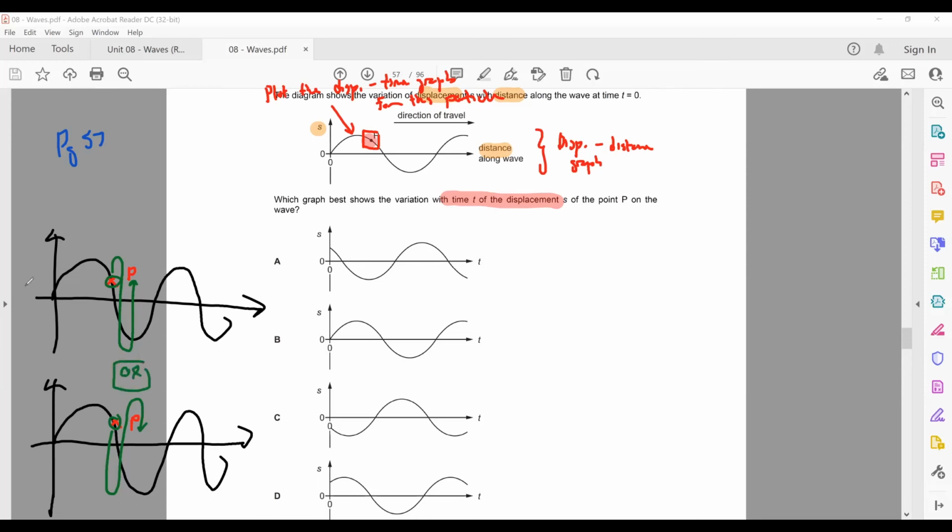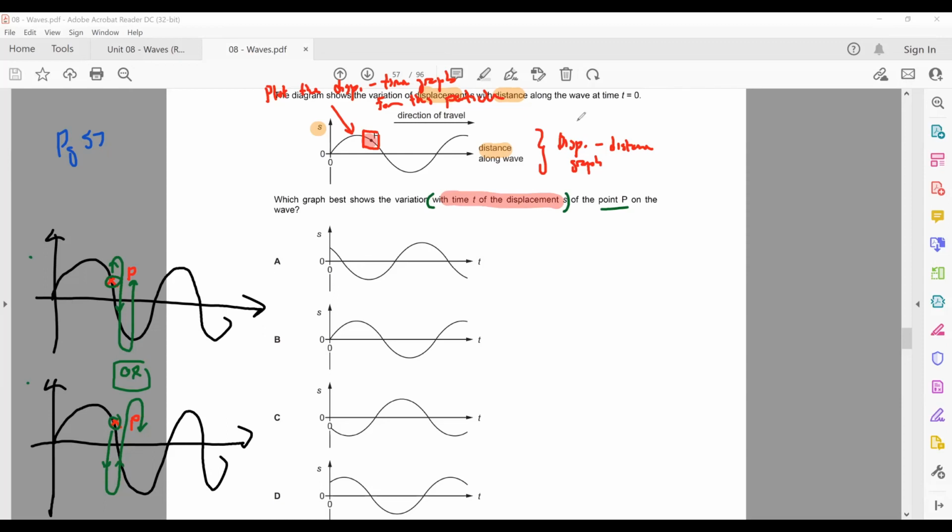You're trying to plot a displacement time graph for particle P. You do know that it's just going to oscillate up and down. But how do you know between this one and this one, which one is the correct one? Is it going to be going upwards first before going down, or downwards first before going back up to complete one oscillation?